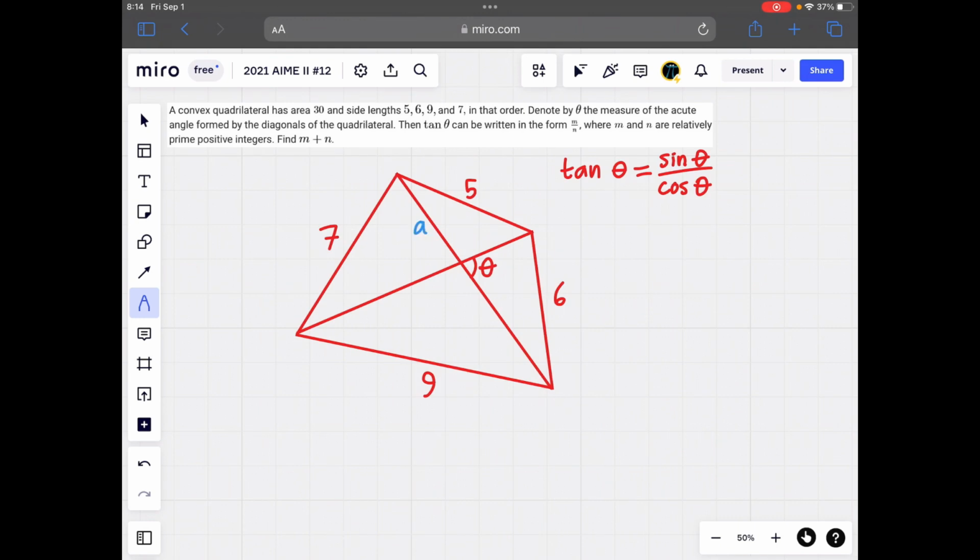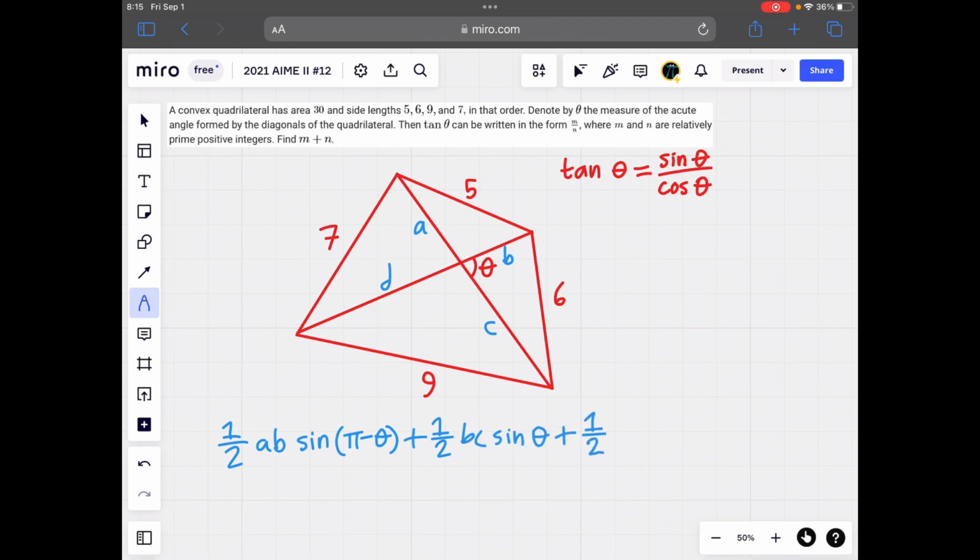So let's label these segments A, B, C, and D, and then we can use that along with theta to get some law of sines area formula relationships. We know that the area of this first triangle is 1/2 AB sine pi minus theta. The area of the second triangle is 1/2 BC sine theta.